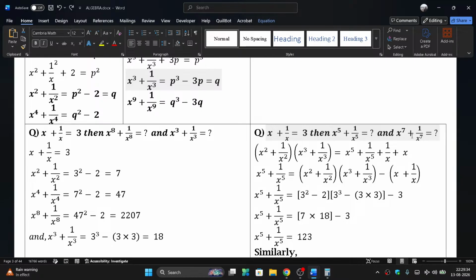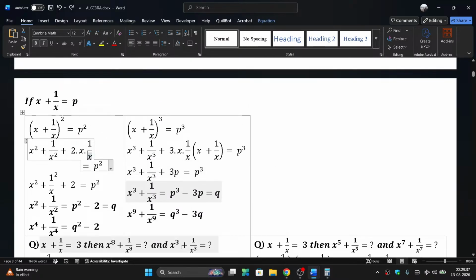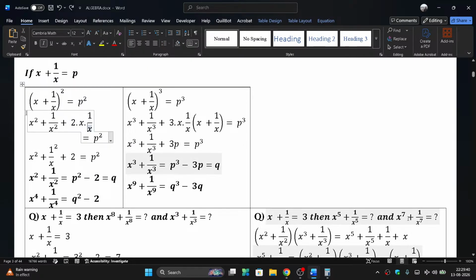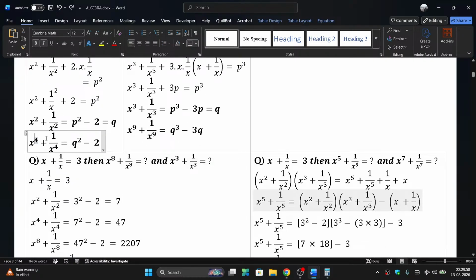Now, we cannot derive the value of x to the power 5 plus 1 by x to the power 5 directly from this, because this series is about x cube plus 1 by x cube and x to the power 9 plus 1 by x to the power 9, and it continues as x square, x to the power 4, x to the power 8, in a multiple format, each multiplied by 2, and for the cube series, multiplied by 3 each time.